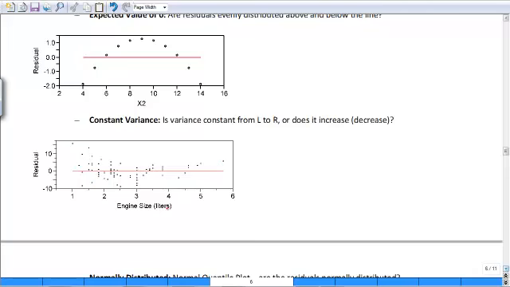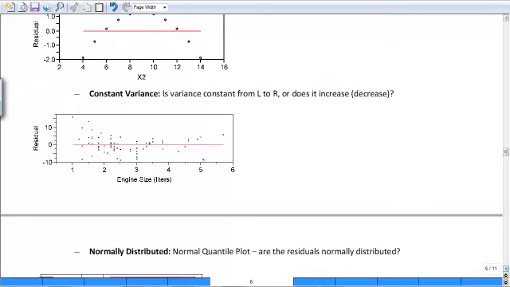There is less variability around that horizontal line as we move from left to right. That is a problem for us as well. It's going to become a problem when we try to use confidence intervals to estimate where our actual observations are going to be. So we don't want to see patterns like this in the residuals. We would like to see all of the residuals evenly distributed between 2 parallel lines.